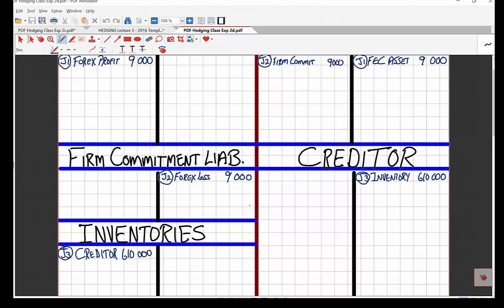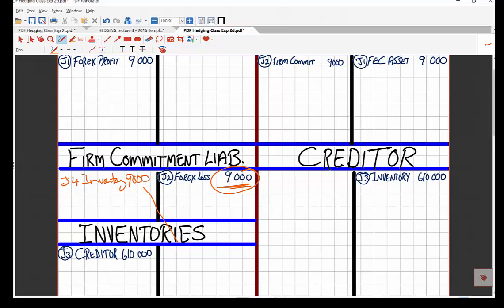So therefore you will debit, and this will be journal number 4, you will debit the firm commitment account with inventory 9,000. So whatever your balance in this account, you will clear it out against inventories.